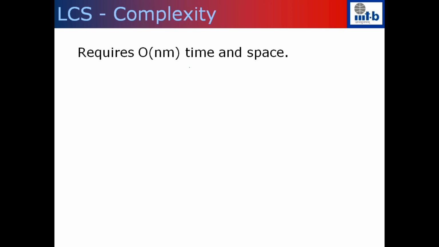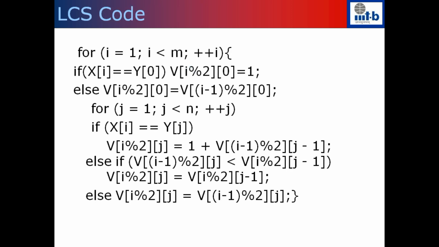Now we will ask the question: if we have to just find the longest common subsequence, just the number, and we are not interested in figuring out what the sequence is, as done in the previous examples of the coin exchange problem and the knapsack problem, we can save space.